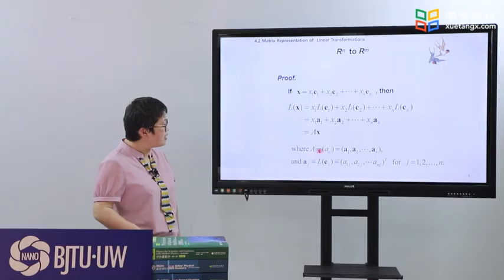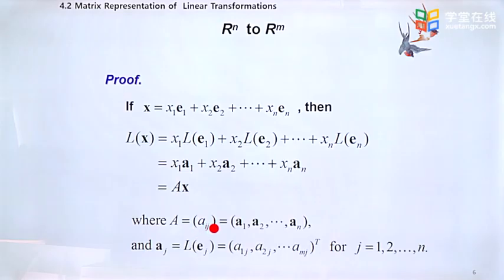So A is composed of the n columns a1, a2 till an, and each aj is just L(ej), which we can write as a1j, a2j till amj, an m-dimensional column vector, for each j varying from 1, 2 till n.